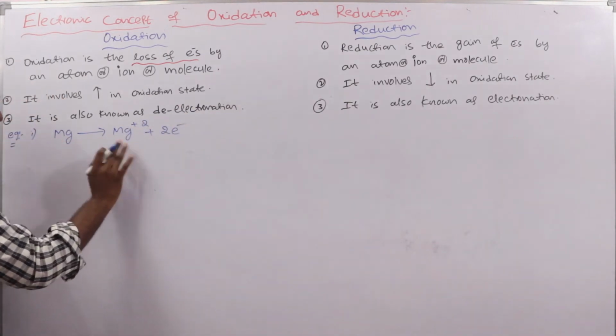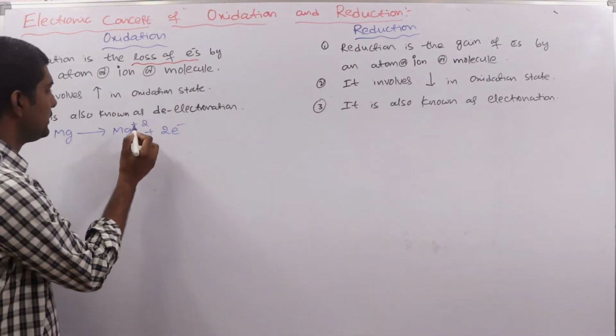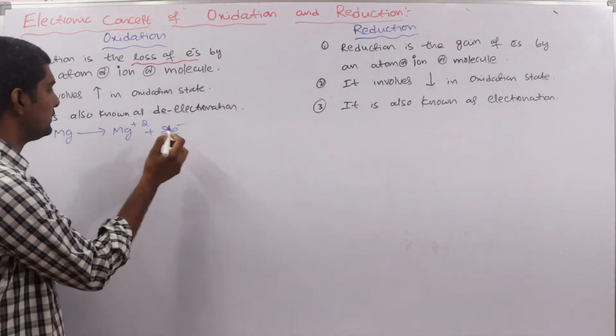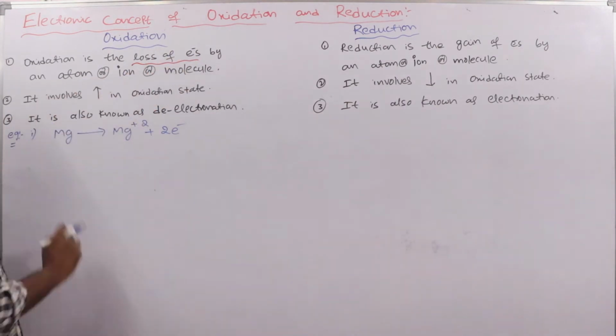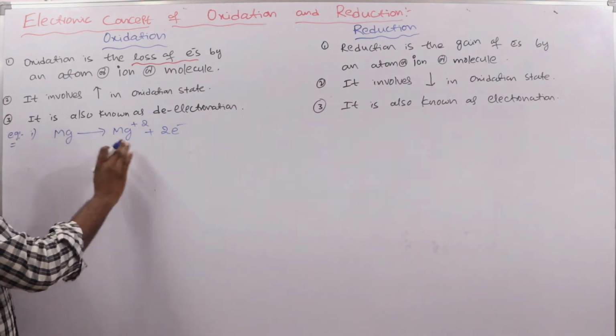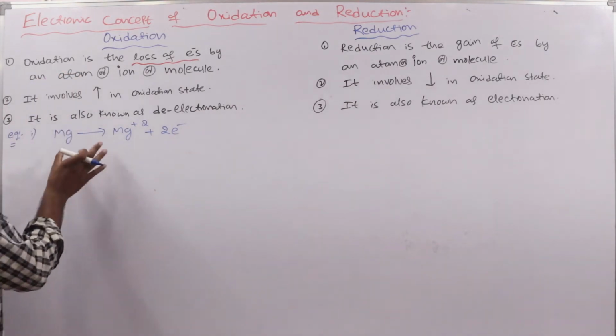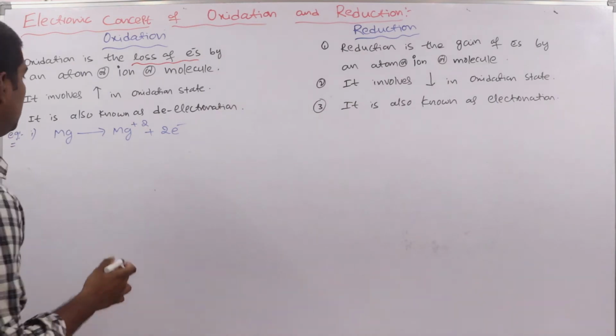From magnesium to magnesium +2, the +2 means 2 electrons are removed from the magnesium. So that's why this is oxidation. Magnesium lost 2 electrons, so it is undergoing oxidation.